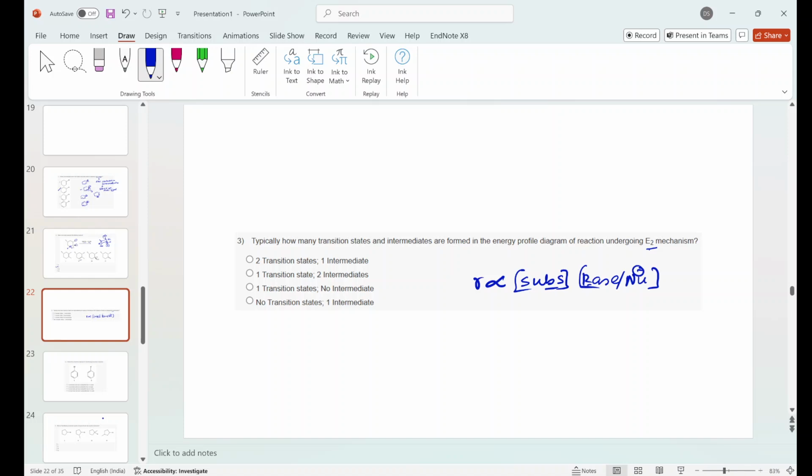And what is the energy profile diagram? This is the reaction coordinate, R and P. We have only one hump. So this is your transition state, not an intermediate. So one transition state, no intermediate. This is the right answer.